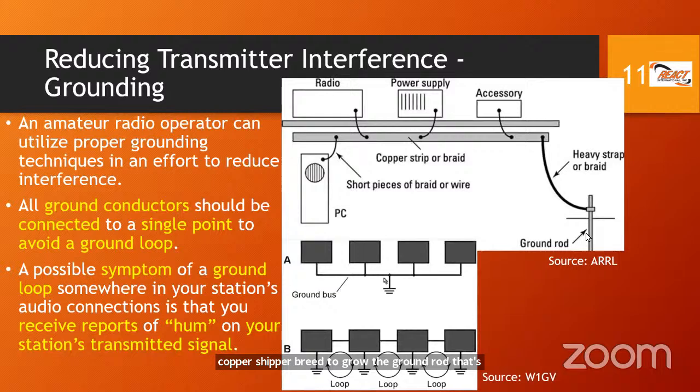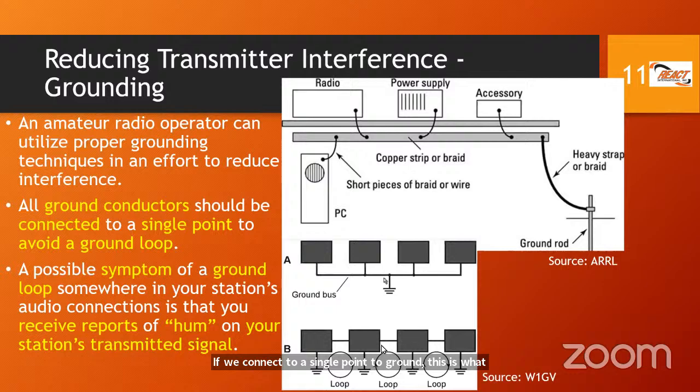We do this to avoid what we call a ground loop. We connect all of them to a common point and then ground it. If we connect to a single point and then to ground, this is what we are trying to achieve.